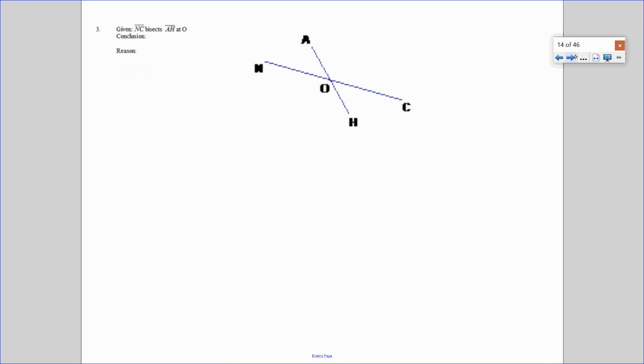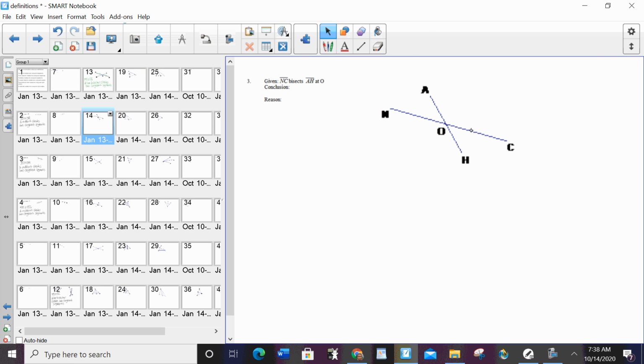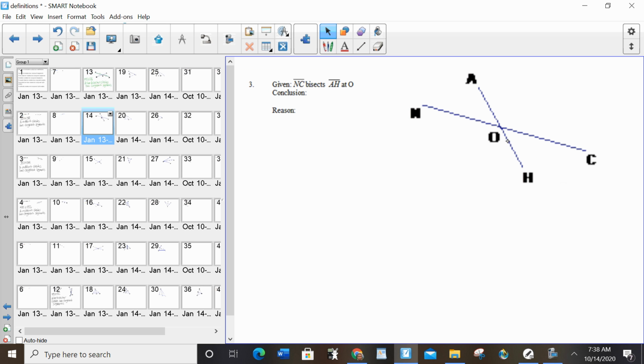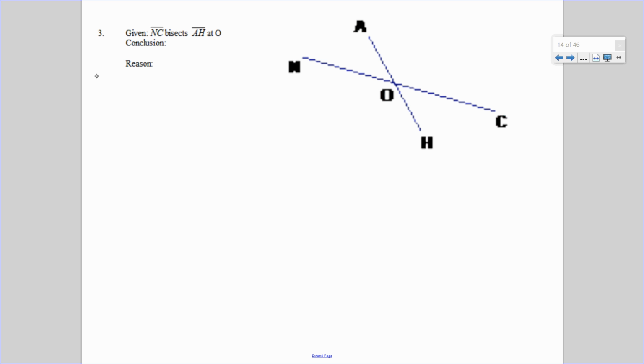If an angle is being bisected, then it's going to be an angle bisector. Try number 3 on your own. Feel free to pause it and unpause when you're ready. Okay, NC bisects AH. At this point, you should have tried this one on your own. If you haven't tried it on your own already, just pause it and try it on your own now. If NC punches AH, AH is punched.